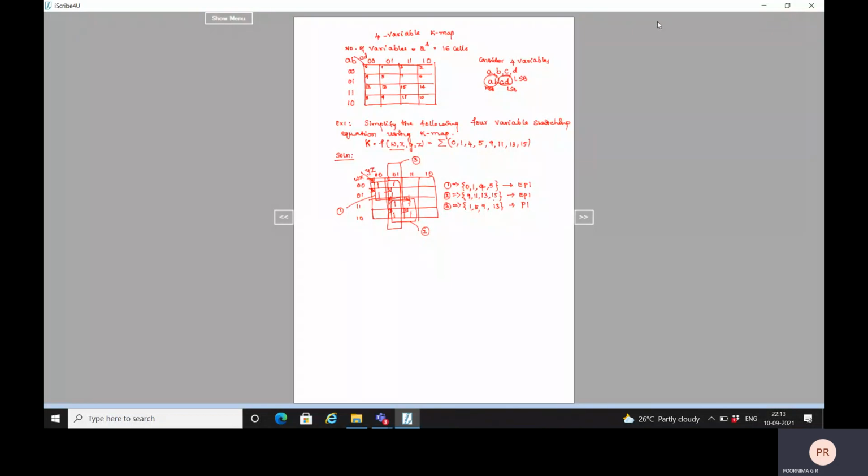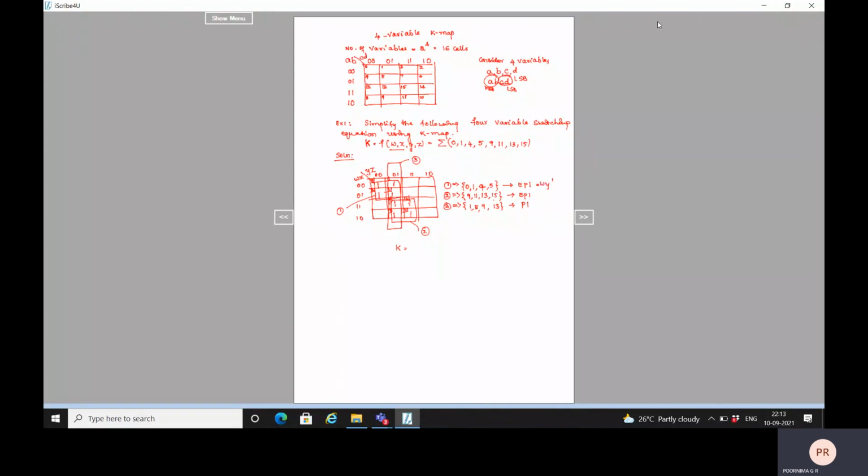Hence, if the final expression is written, in this case, y bar is common among 0, 1, 4, 5. Amongst the columns, y bar is common. Amongst the rows, w bar.